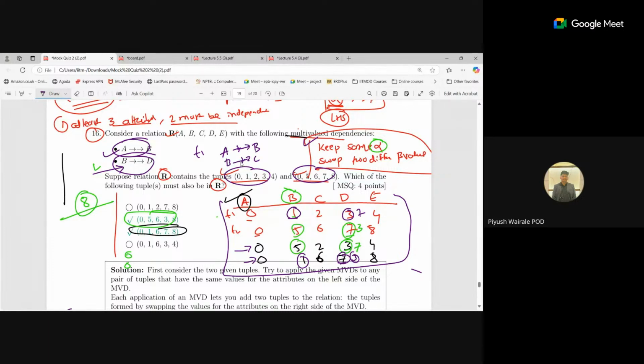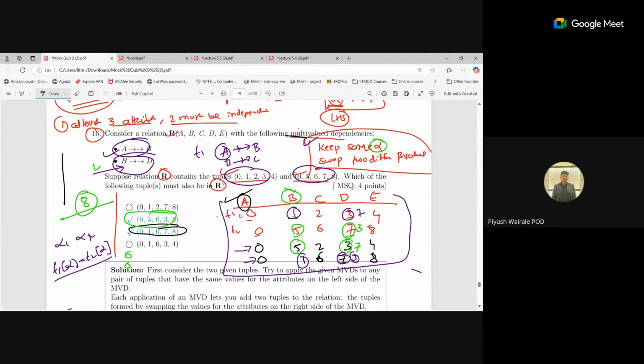Now what you need to do, first, there must be two rows having the same alpha value. If you look at the condition for MVD, two rows, that is T1 alpha, must be equal to T2 alpha. Then only are we going to check for those conditions.